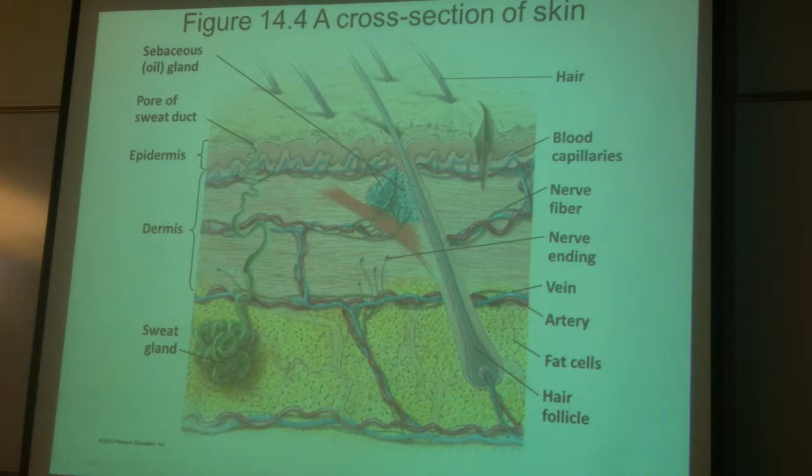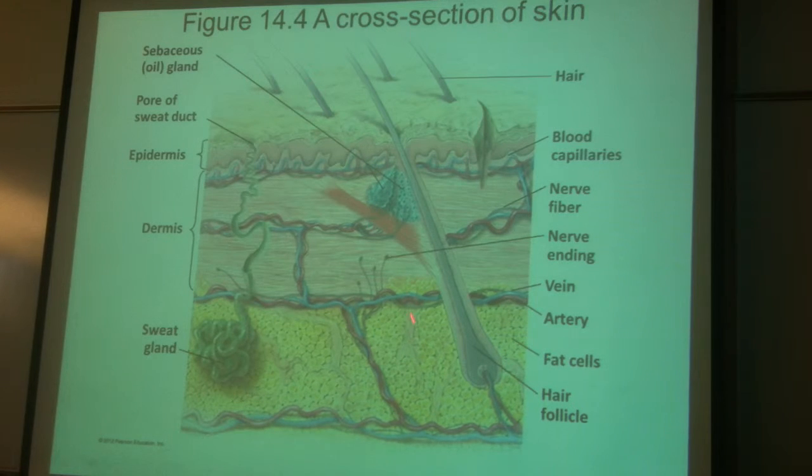So you can see how having microbes up here doesn't really give them a chance to get into this deeper part and cause infection. Or when we get cuts, they get through down here, where you really have the chances of infection, going through the layers, going through your defenses.